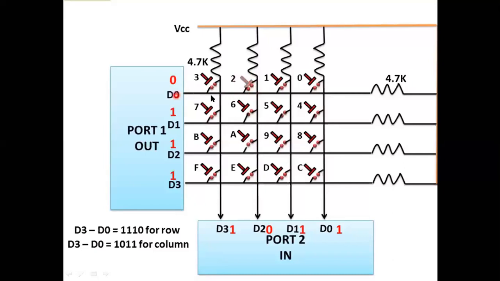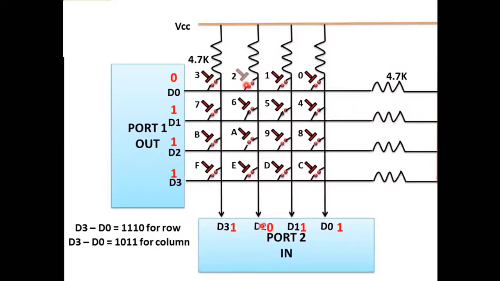Here D0 is 0 in this row, and in this column D2 is 0, so it will identify that key 2 is pressed, and there will be some debounce. When you press a key, there will be some spring action, and that is what we call debounce. This is one example showing that a particular key is pressed.